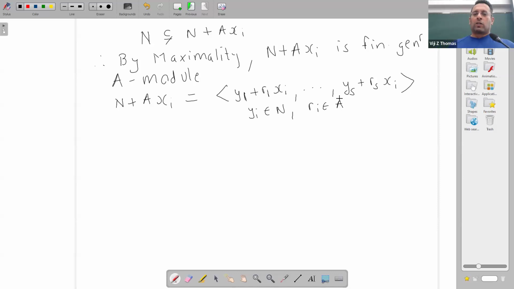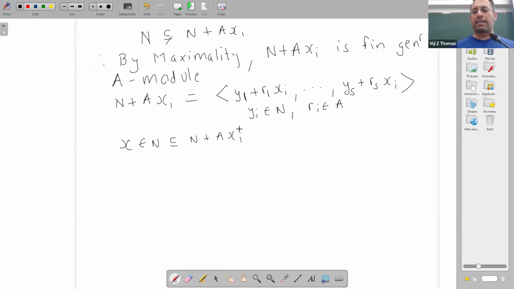Okay. So let x belong to N. Of course, N is contained in N plus AXI, strictly contained. So every element x is contained in N plus AXI.